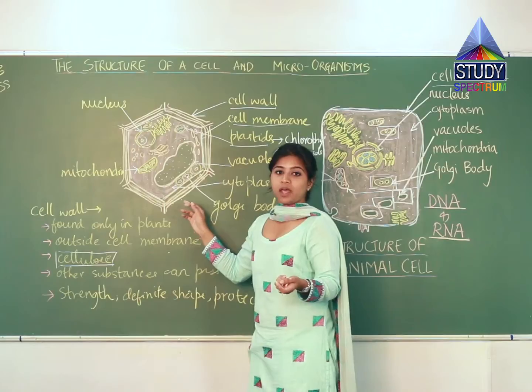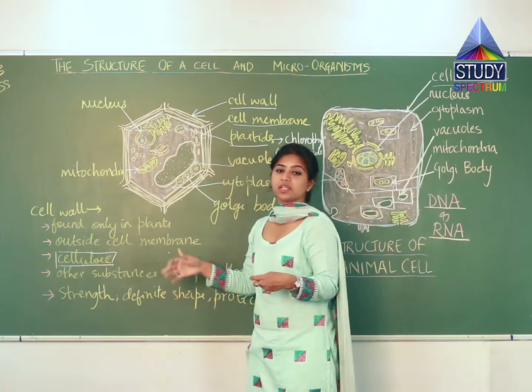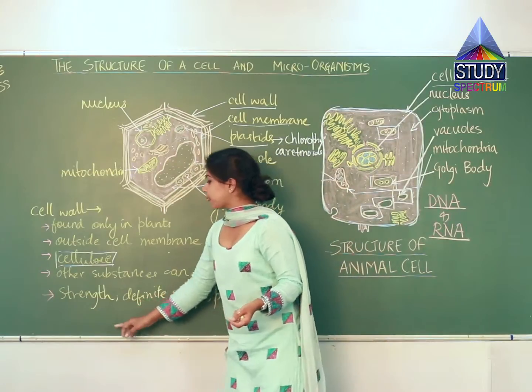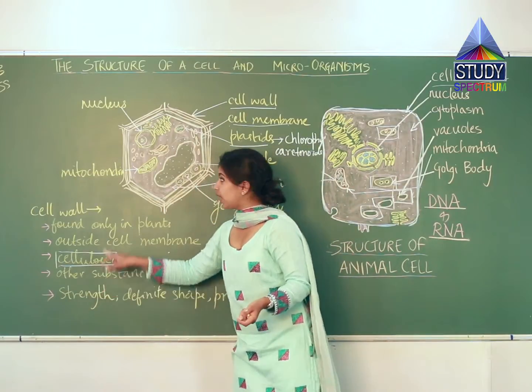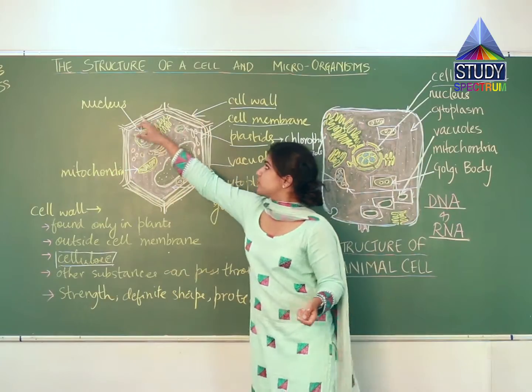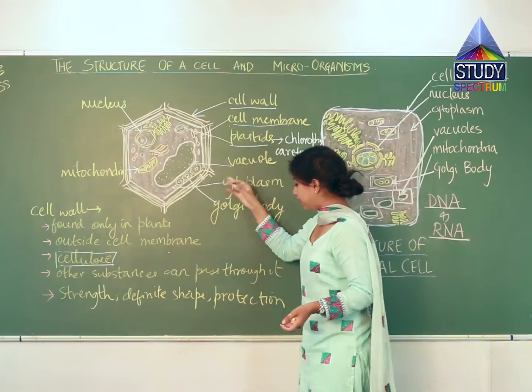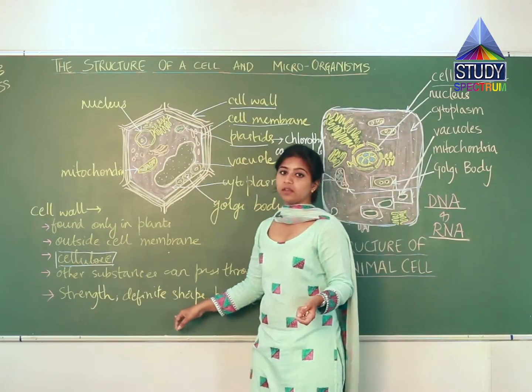Obviously, for the plant to carry out functions like respiration, exchange of food, etc., and all the other functions. We also came to know that this cell wall is responsible for giving the cell its strength and for protecting it and giving it a definite shape, as I told you earlier.